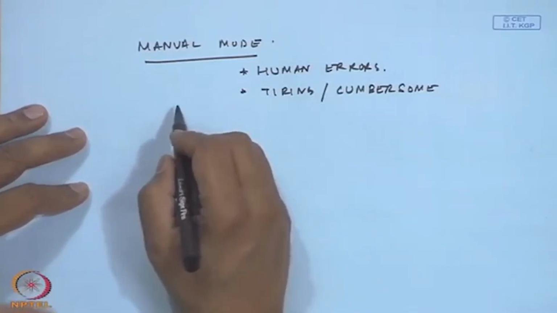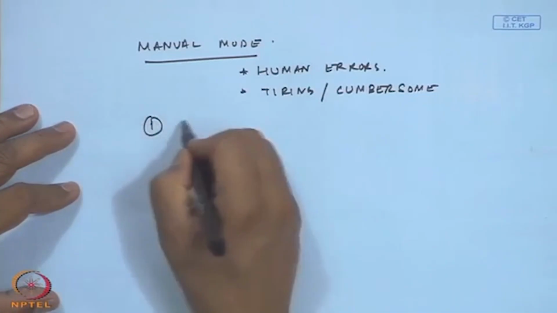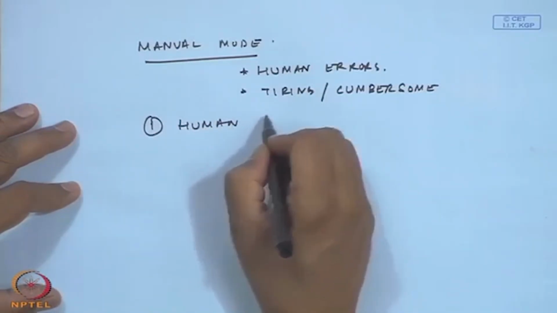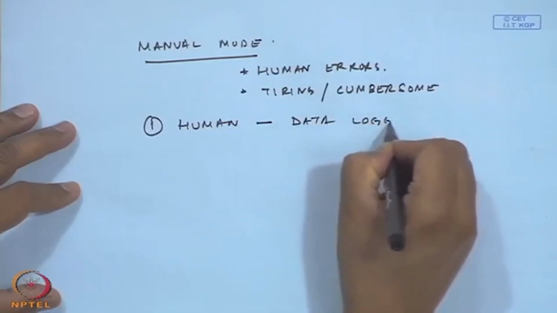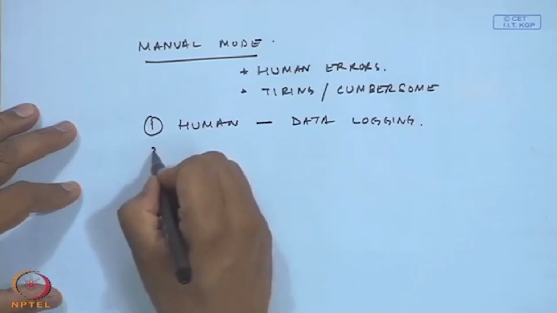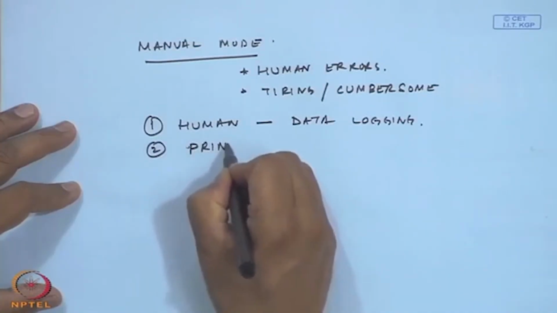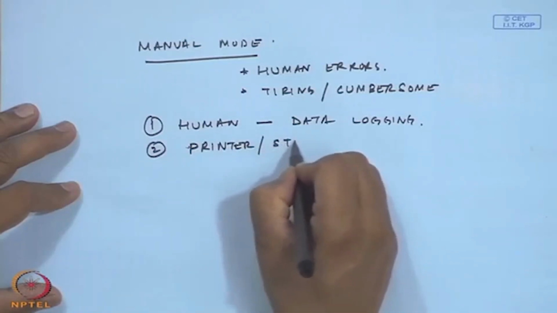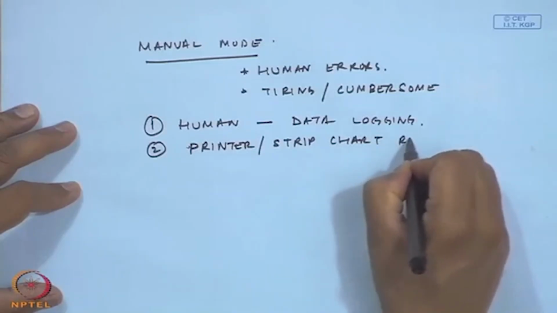Well, another method, other than writing. So, the first one was human intervention with physical data logging. But closely with this is using either a printer or a strip chart recorder.